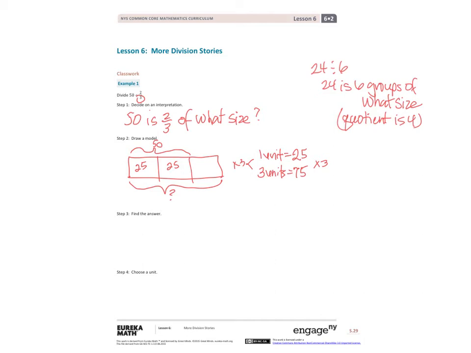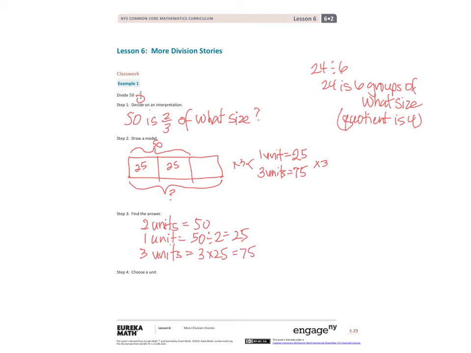So 2 units equals 50, because we drew that out. 1 unit, we said, was 50 divided by 2, which is 25. And then we've got the 3 units. We just did that work right above. The 3 units equals 3 times 25, and that's 75.